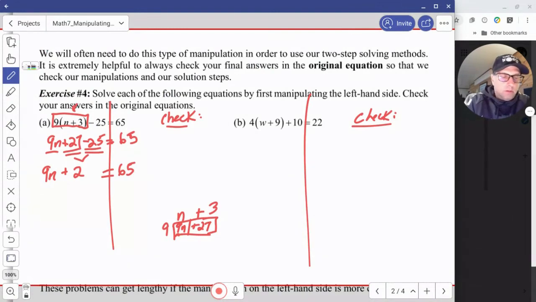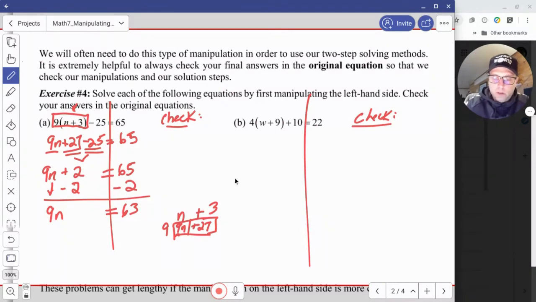The constant is plus 2. What's the remedy? What's the antidote? Oh, it's minus 2. But what we do to the left, we must do to the right. 9n patiently waiting, continuing through. Plus 2 minus 2 eliminates. 65 minus 2, 63.